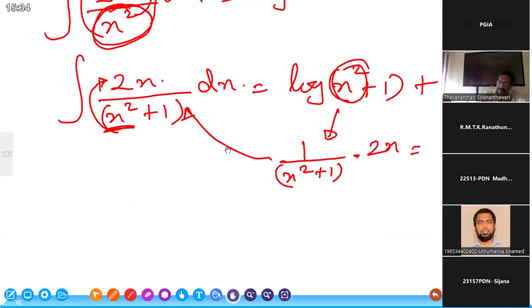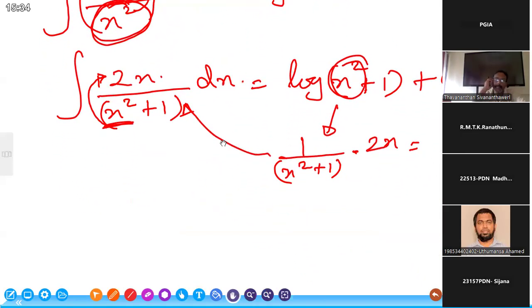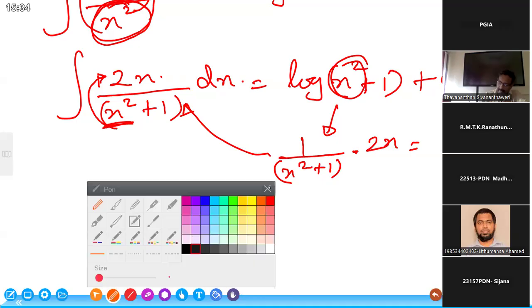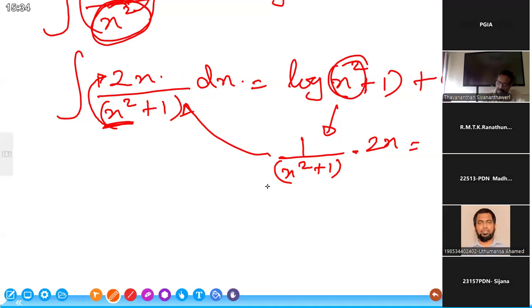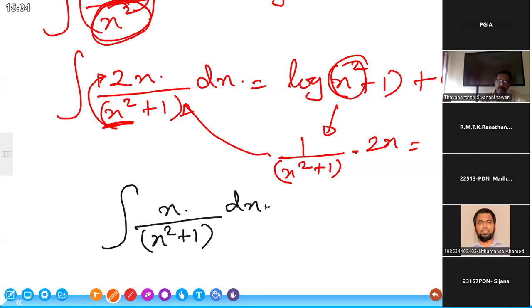Any questions? Look at this. Can we find the derivative of the denominator in the numerator?